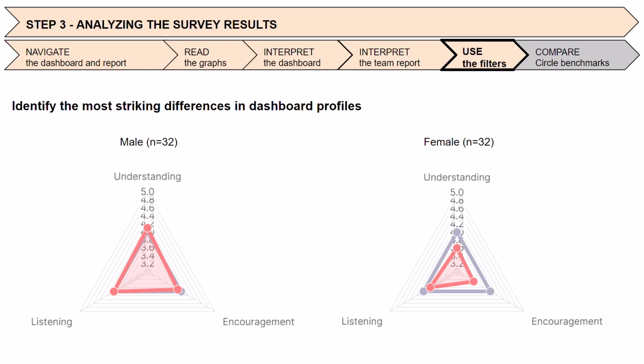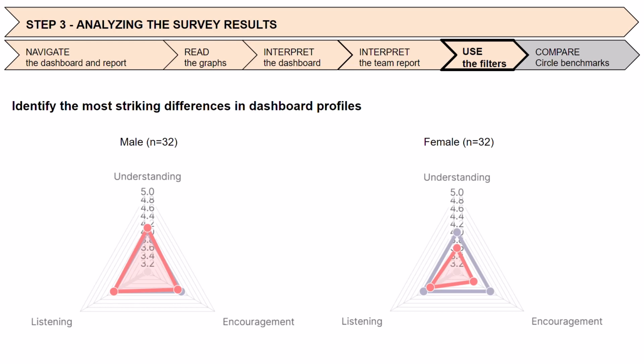And now, as you can see, it gets really interesting because we have very remarkable differences between men and women in this same sample. Men score like the benchmark in listening, understanding, and encouragement, whereas women score lower in all 3, especially in encouragement.